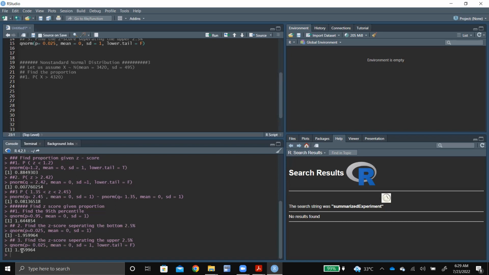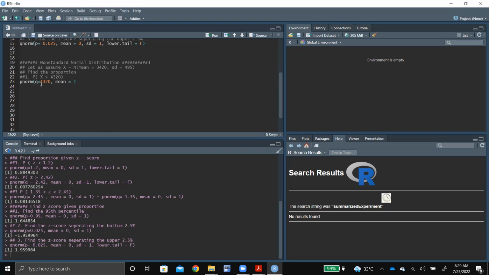To find this, we can again use the same formula as we used for the standard normal distribution. We will be using pnorm. Pnorm implies we are finding probability, that's why we are using pnorm. What is q, the quantile we are looking for? Over here, the value of q is 4320. Now, what is the mean? We are no longer working with standard normal, so the mean is not 0.